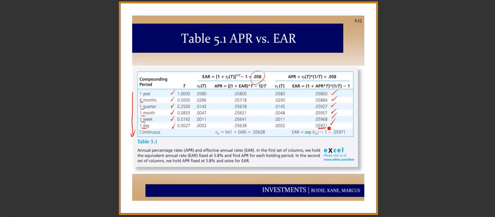The effective annual rate is going to increase. Because basically, the more compounding periods there are in a year, the sooner you're credited with the interest that you've earned, which means that interest can start earning interest even sooner.